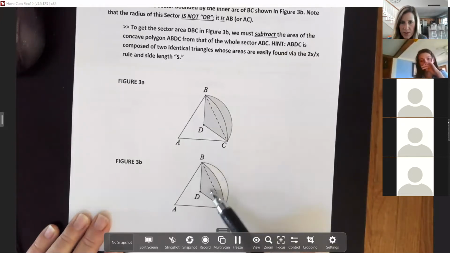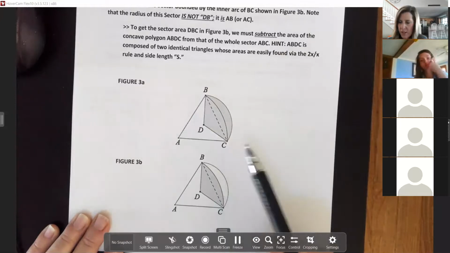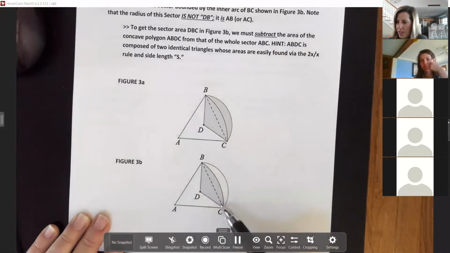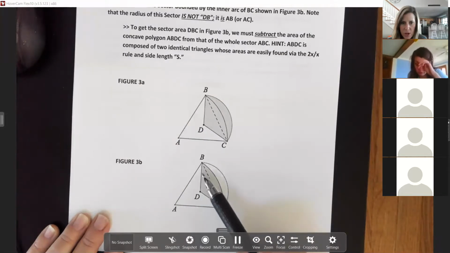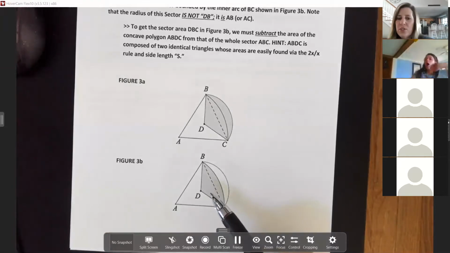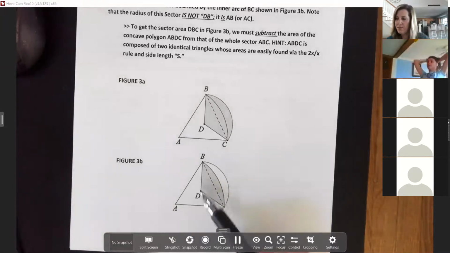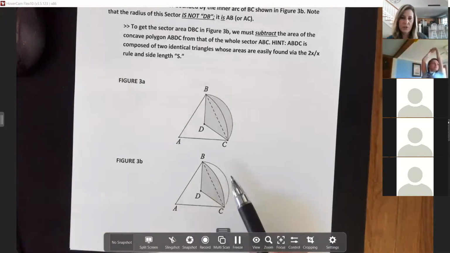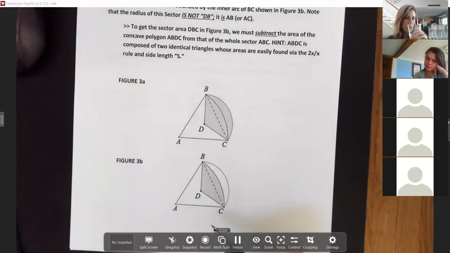So in order to get the area of this shaded region, you have to do the area of the entire sector and subtract this unshaded area, which we broke down into triangles. Then you're going to use 30, 60, 90 triangles to figure out the area of those triangles. Does that make sense?